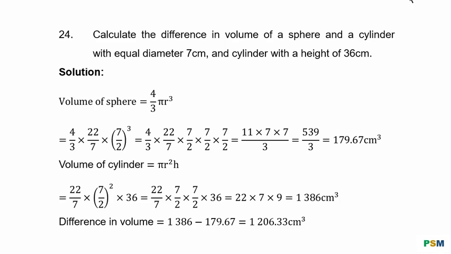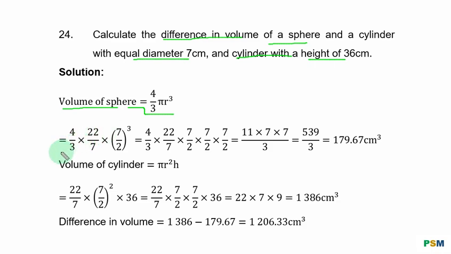Example 24. Calculate the difference in volume of a sphere and a cylinder with equal diameter 7 cm and cylinder with a height of 36 cm. Solution. You find the volume of the two given shapes and subtract the two results in order to find the difference in volume. Volume of sphere is given by this formula.